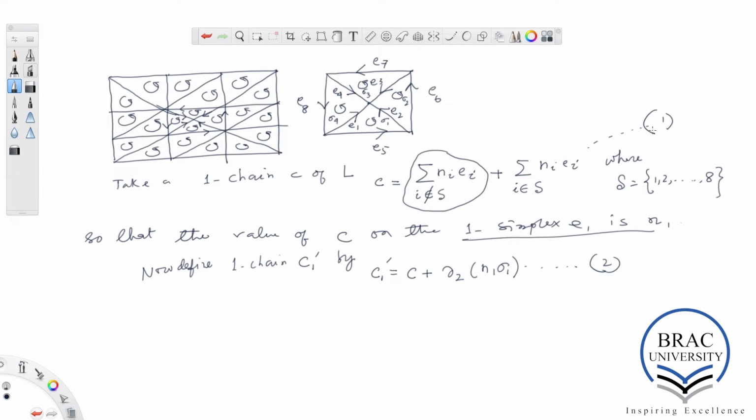N1 is the value of the 1 chain C that one starts with on the 1 simplex E1. So we are given this 1 chain C. We know what the value of this 1 chain C on E1 is, and that is N1. With the use of that N1, we defined this new 1 chain C1 prime that is homologous to the given 1 chain C.